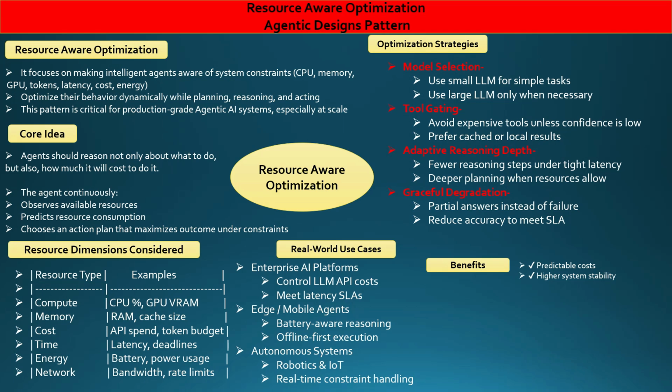This higher system stability helps agents monitor resource usage continuously, reduces the workload when resources are tight, and finally degrades gracefully instead of failing. Next is better SLA compliance.